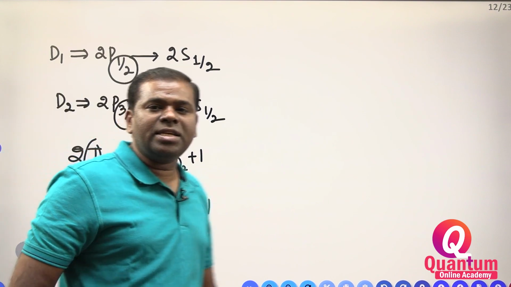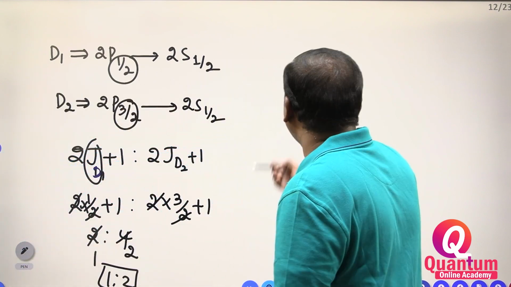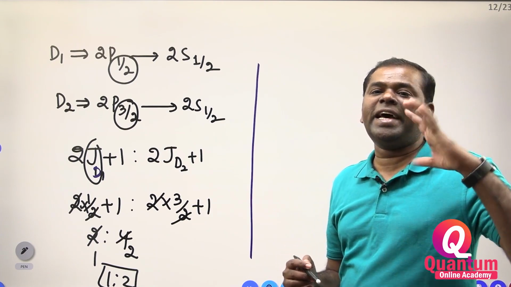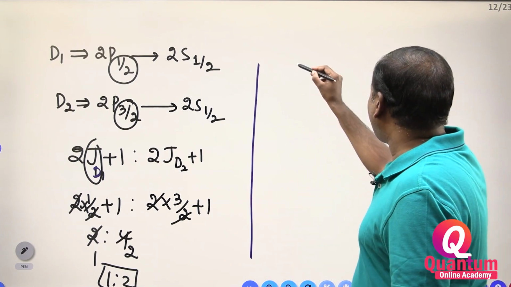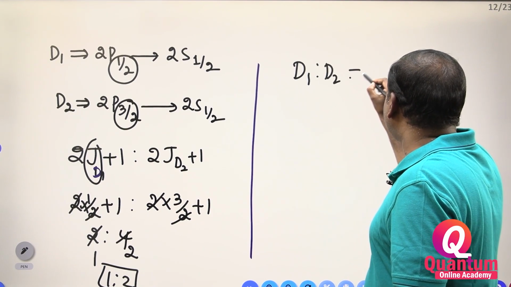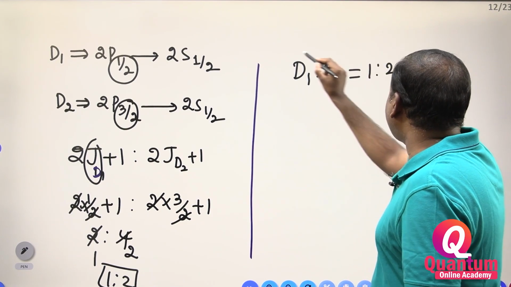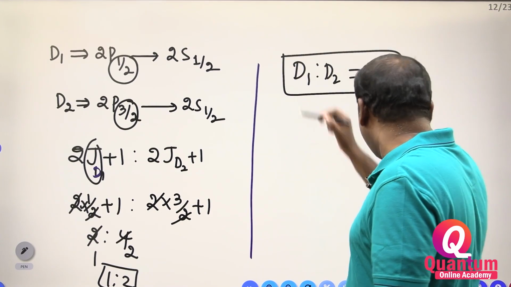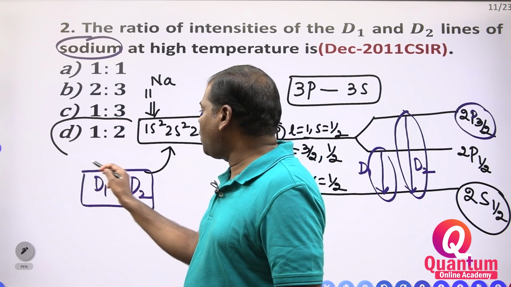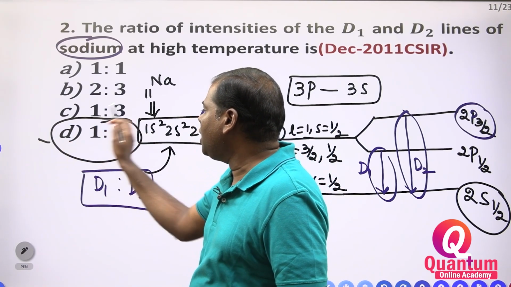What is the intensity ratio of D1 to D2? They have asked this question so many times, at least 10 times in CSIR. The sodium D1 to D2 intensity ratio is 1 is to 2, so the answer is option D. This is very, very important.